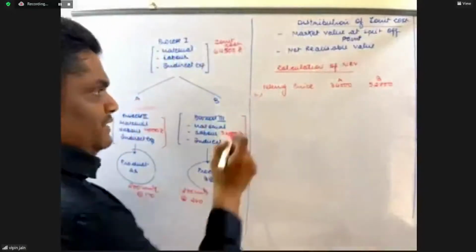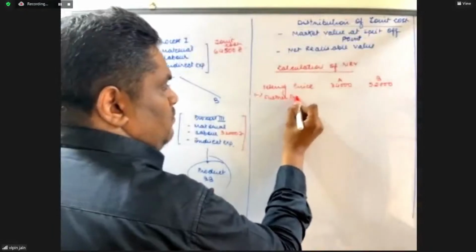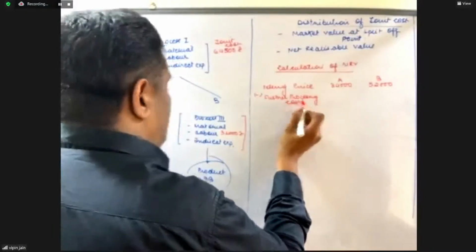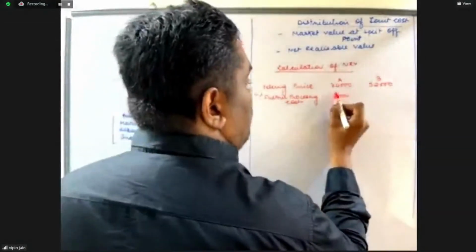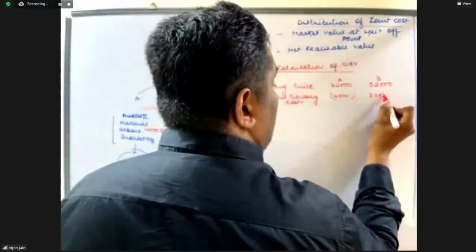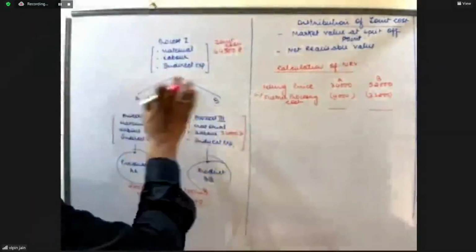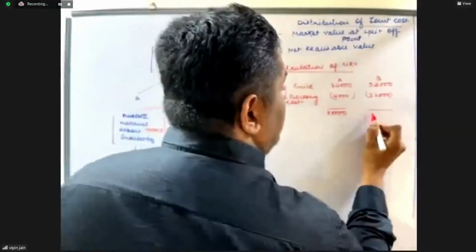Minus my further processing cost, 4,000 and 32,000. We'll get the dummy market value of A and B, that is 30,000 and 20,000.